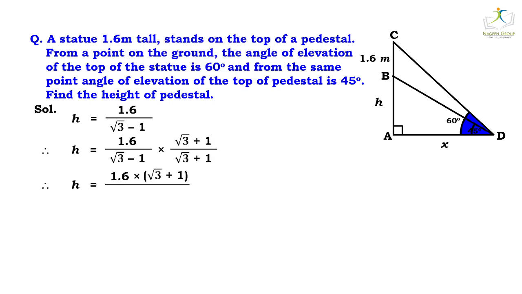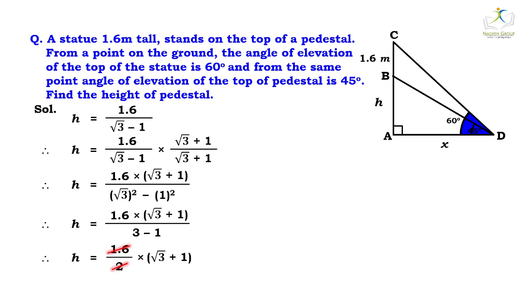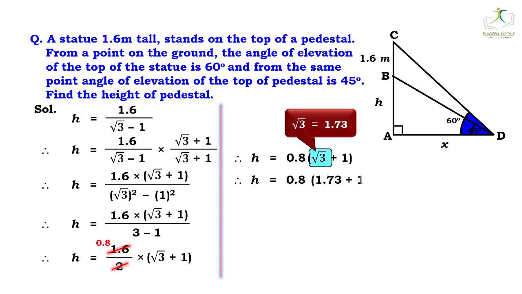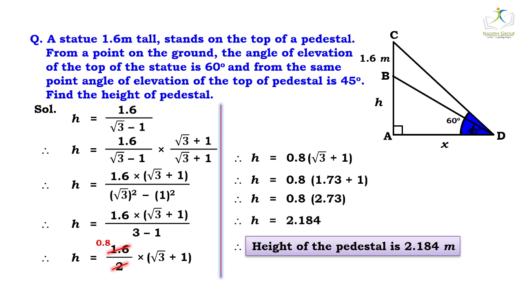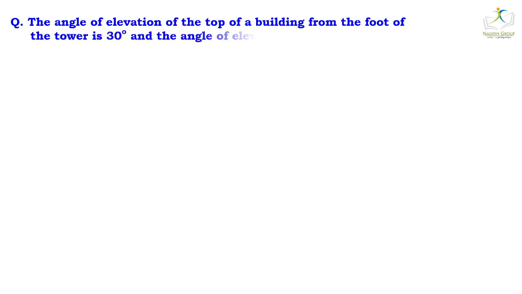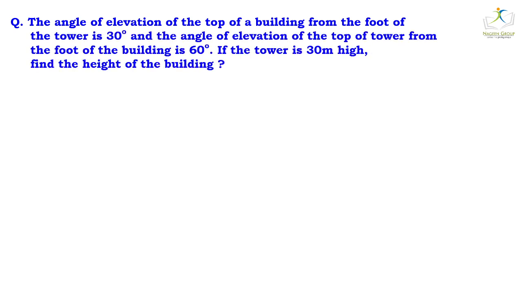Now 1.6 into (√3 plus 1) divide by (√3) whole square minus 1 whole square, a square minus b square का फॉर्मूला लगाएंगे. 1.6 into (√3 plus 1) divide by root 3 का square 3 minus 1. 1.6 into (root 3 plus 1) डिवाइड किया, कितना आ गया 2, 0.8, 0.8 into (root 3 plus 1), राइट स्टूडेंट्स. और वैल्यू पुट करते हैं रूट 3 की 1.73 plus 1, it is equals to 2.73, multiply the value comes equals to 2.184.